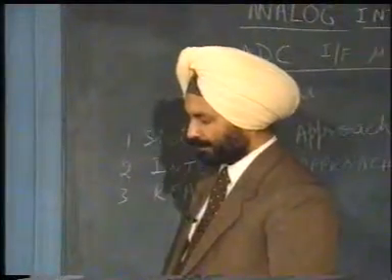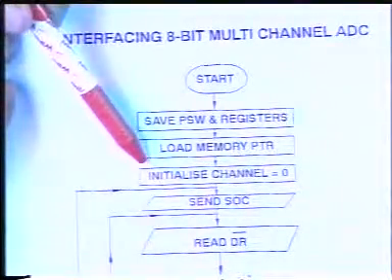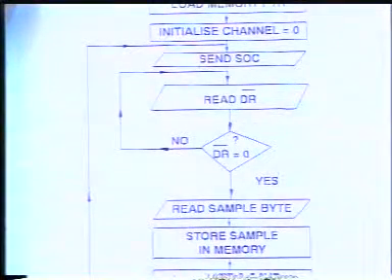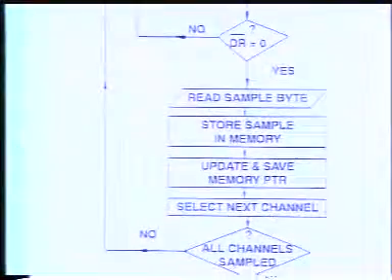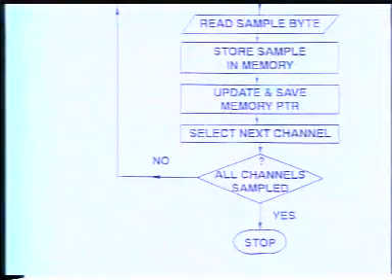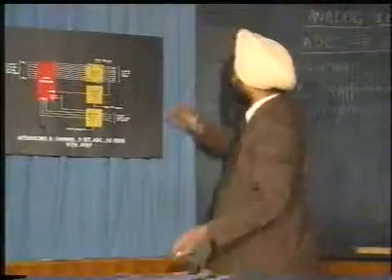So here, save the processor status word and the registers, load the memory pointer, we understand all this, initialize the channel equal to 0, that means we sample the 0th channel, then send the start of conversion, monitor the end of conversion, next 2 blocks, then read the sample byte, store the sample in the memory, update the memory pointer, select the next channel, and go on repeating this process till all the channels have been scanned. So this way we can cover the different 8-bit A to D converters.